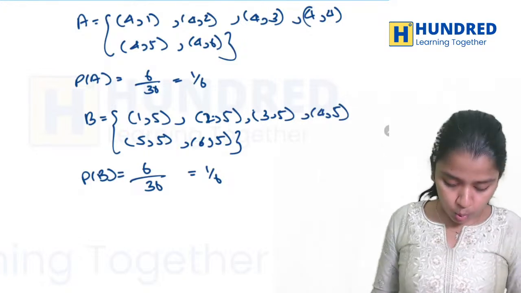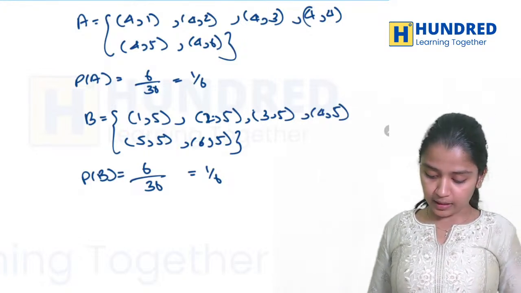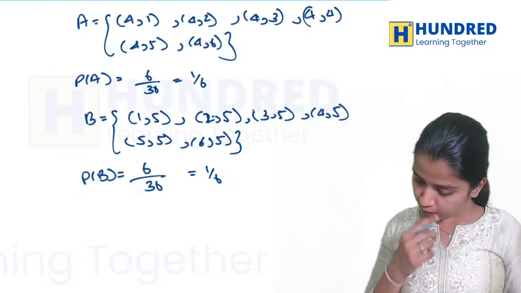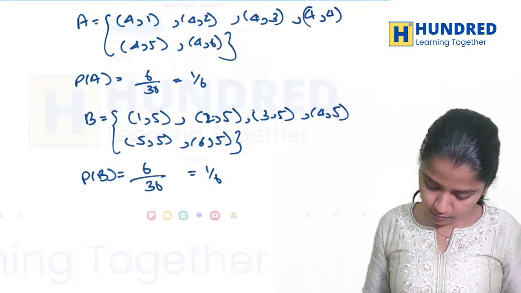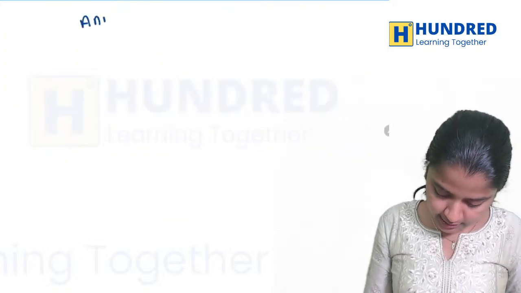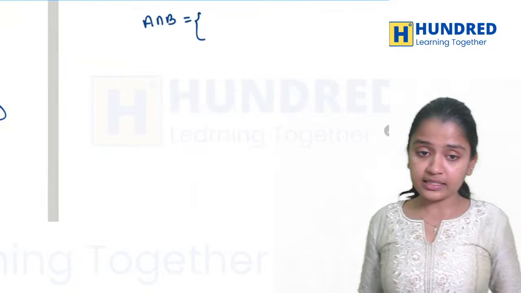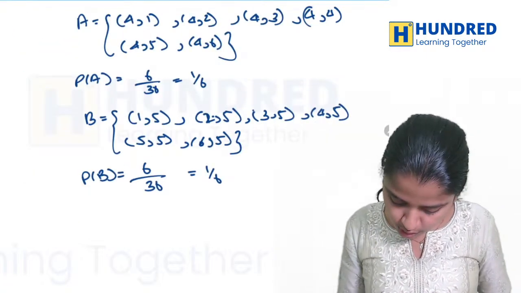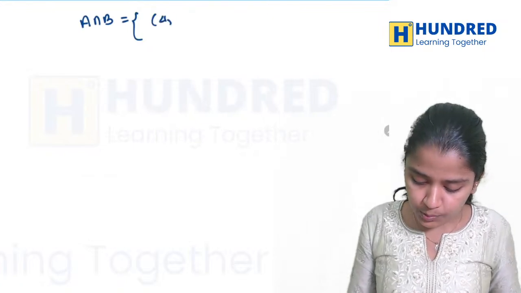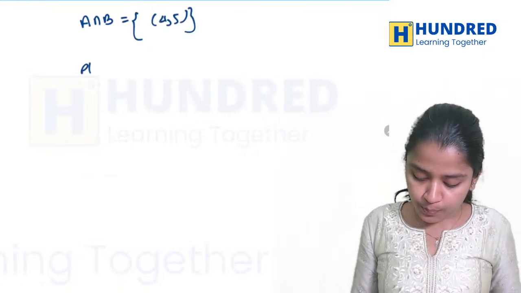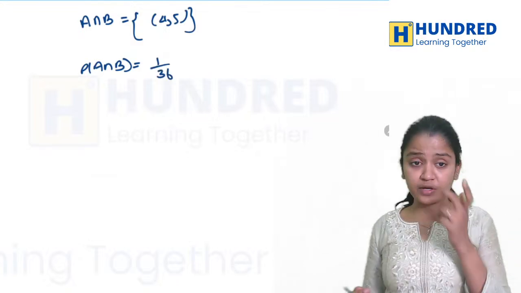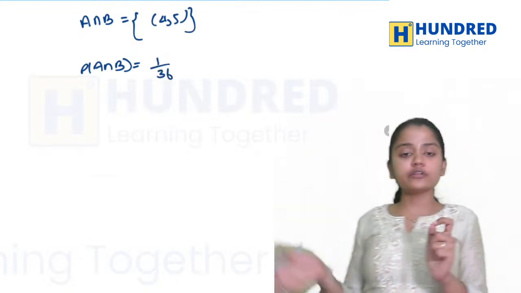Okay, now let's see whether there is an intersection. A intersection B. What are the events in A intersection B? Here, both together, this is the only one. So you just have one element, which is 4,5. So P of A intersection B is nothing but 1 by 36, because 1 is there out of the sample space.